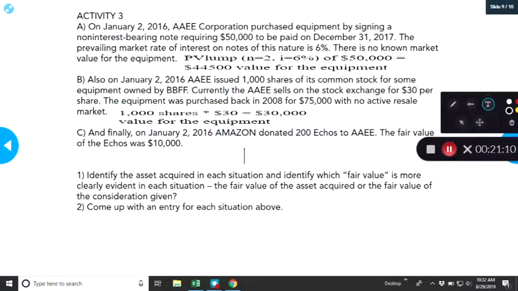So that brings us to C. In C, I basically just say Amazon donated 200 Echoes, and the fair value of the Echoes was 10,000. Here I told you the fair value, so that's really easy on my part, but the point with this one is to recognize what you do with the other side of that entry.